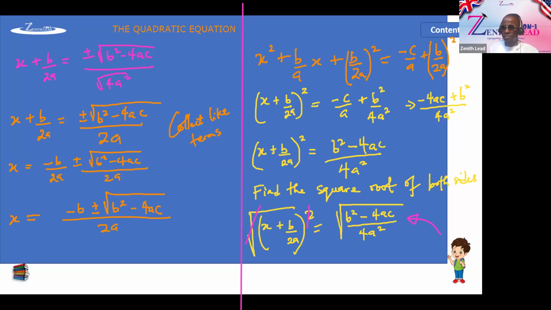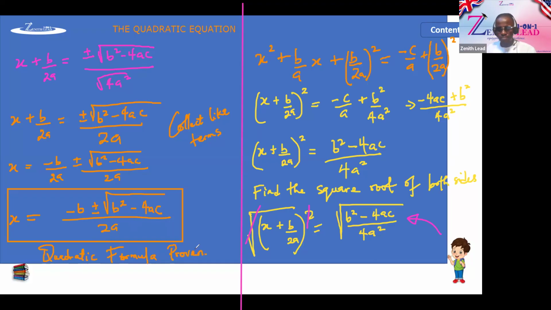And this, my dear friends, is the quadratic formula, sometimes nicknamed the almighty formula because it can solve any quadratic expression with real roots. That is the quadratic formula proven.